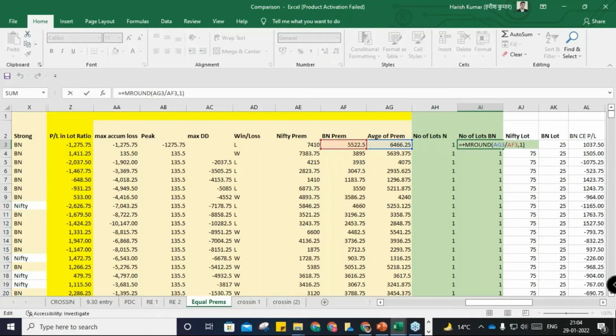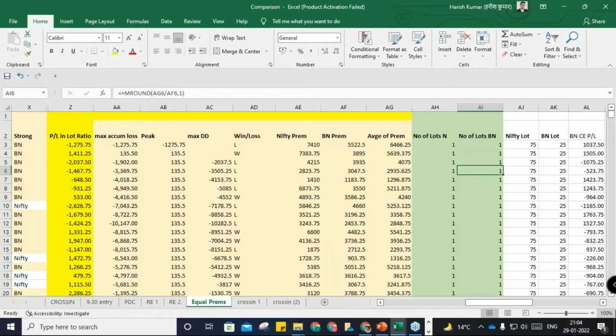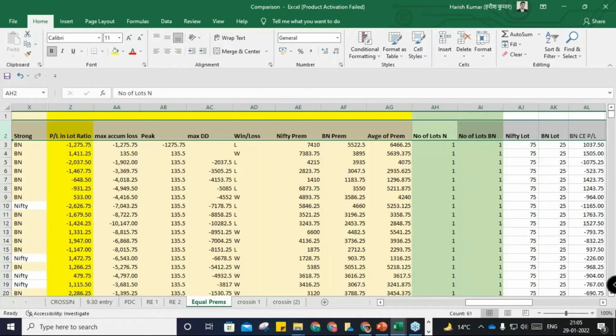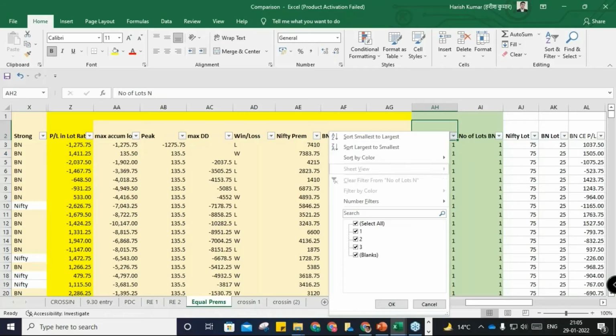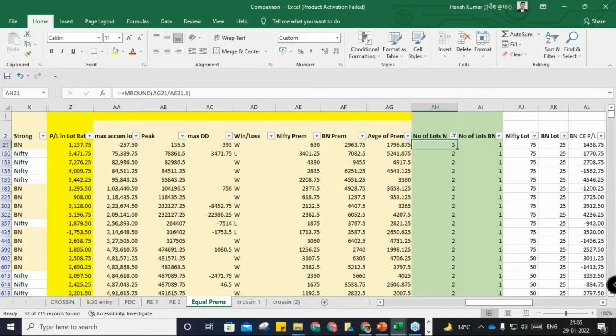So this is the Bank Nifty lot. Every time Bank Nifty will be 1, because normally Bank Nifty gives you more premium at the money. Sometimes it is giving you 2 also. See, it is giving you 2, 1, 2 in these number of trades.